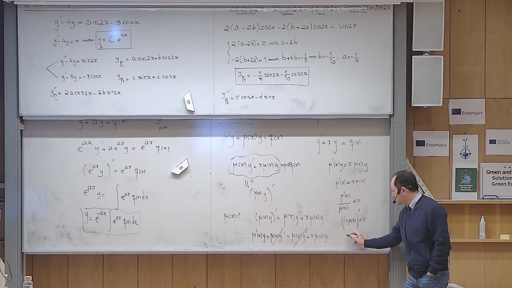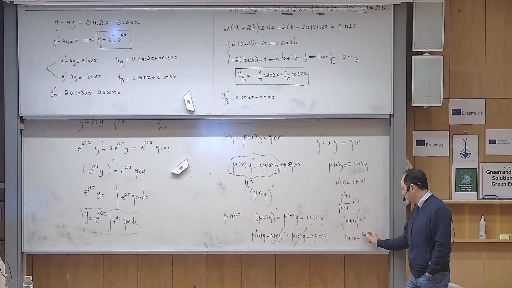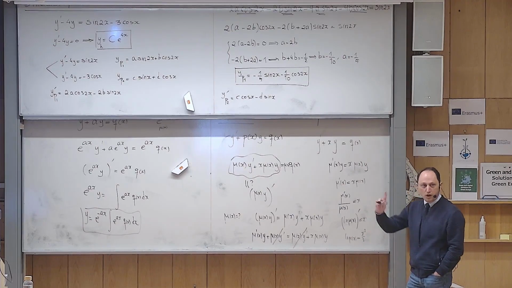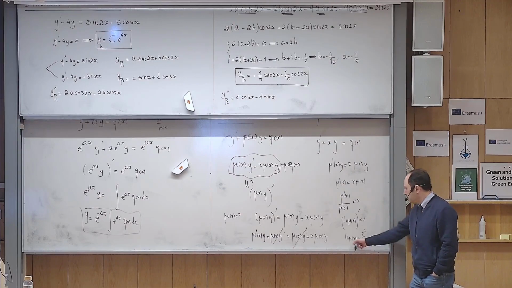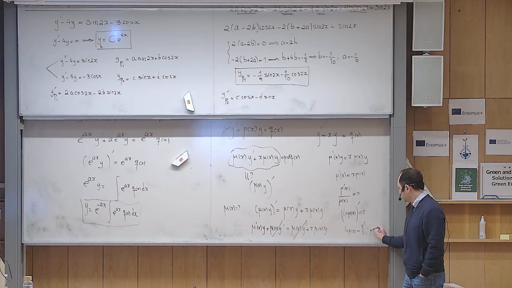So what is ln of mu of x? One of them is enough: x squared over 2. I don't need to put c because I need only one integrating factor. But I'm looking for mu of x. What is mu of x? It is e to the power of that expression, which was probably not easy to guess.